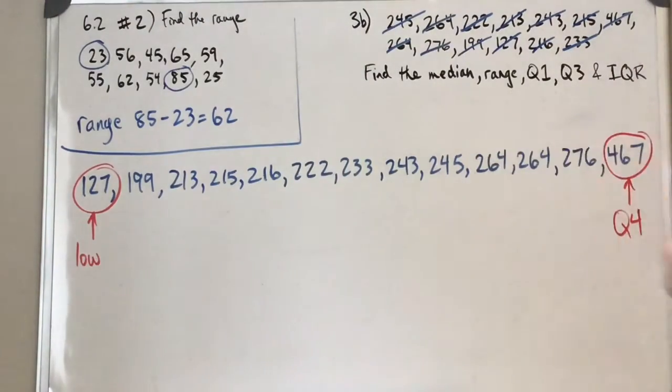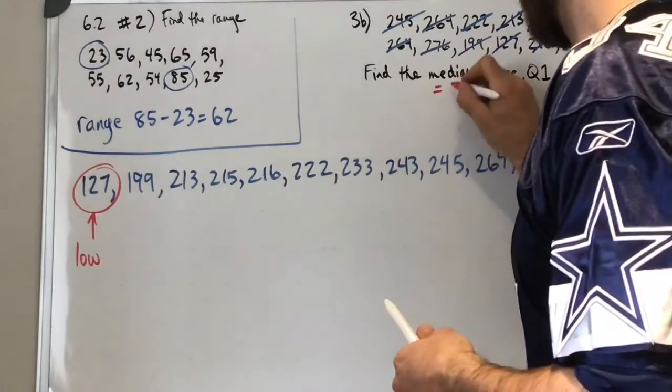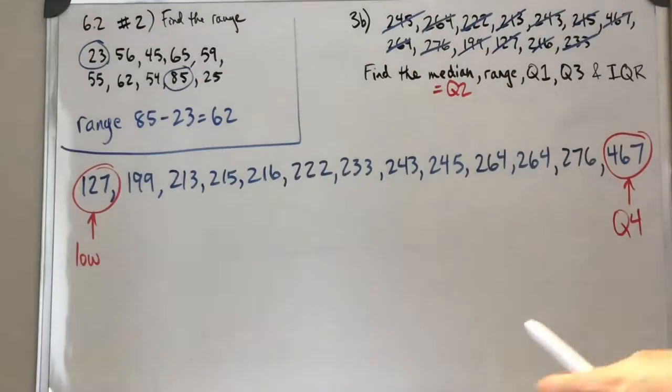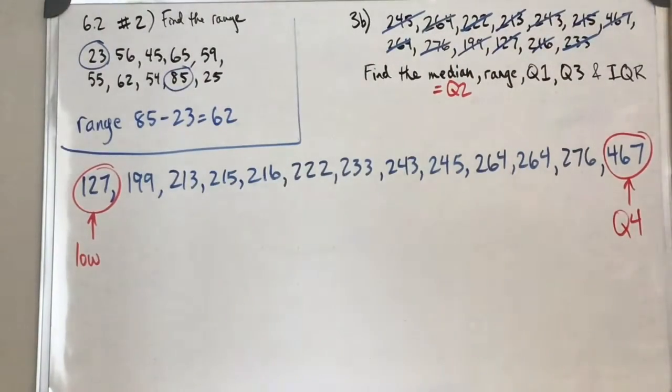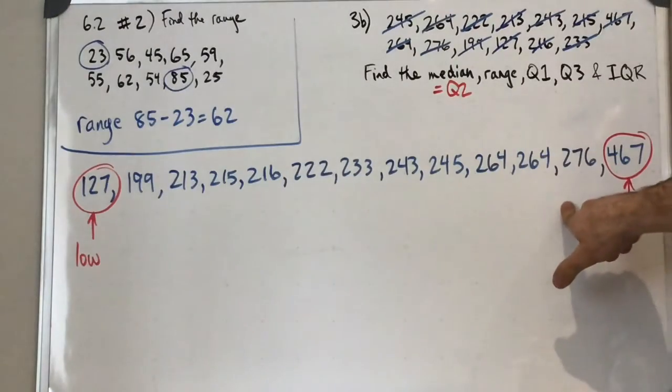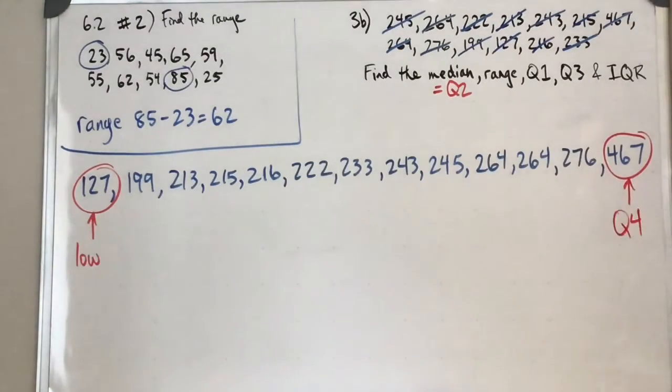The median is always equal to Q2, okay? So our middle value here, and since we have 13 entries, it's an odd number, there is going to be a middle value where we won't have to find the average of two values.